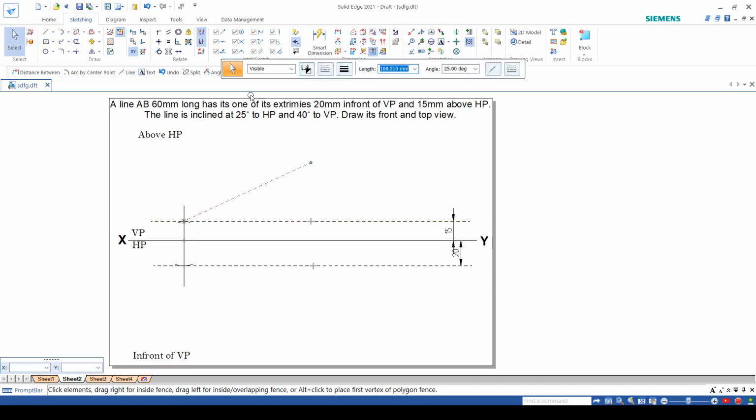Since it's the true length line, I have to make it small only, and the line should be this. Now we take an arc with the center point, and its true length is 60 mm, so we give the radius 60. Now I cut an arc.